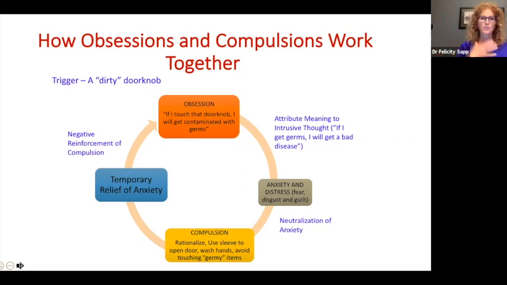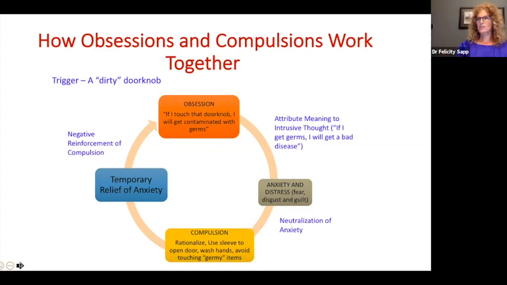Because I don't have OCD, the mesh in my net is like this, so when I have that intrusive thought, off it goes. But for people who have OCD, the mesh in their net is like this. So when that thought comes, it gets stuck in the net, and as long as it's stuck there, they start to put some meaning to it.